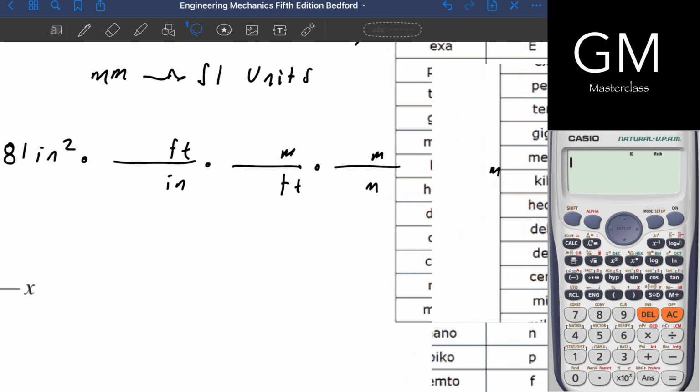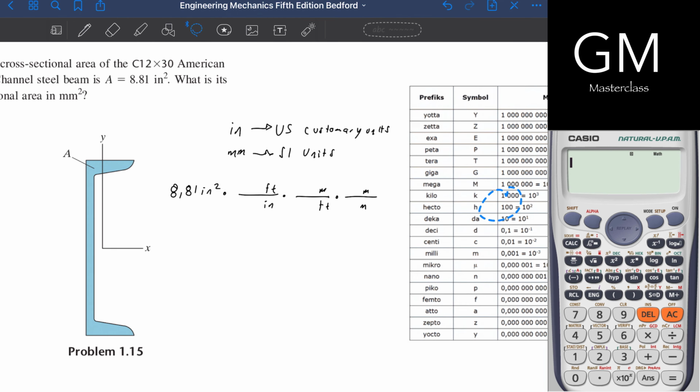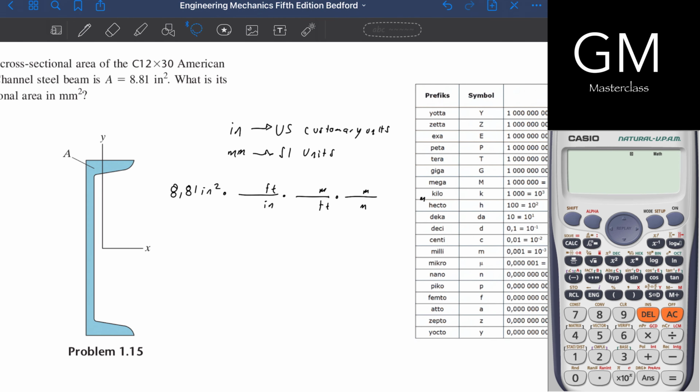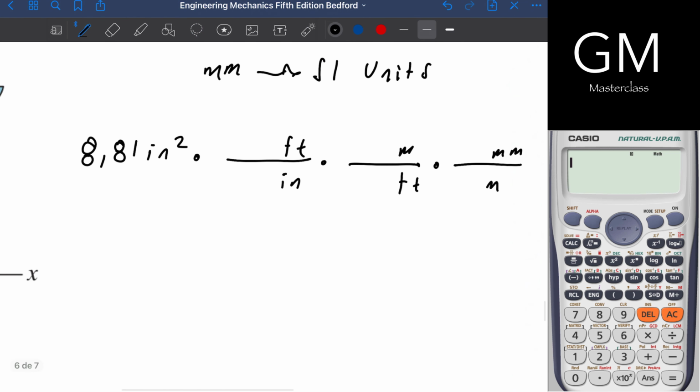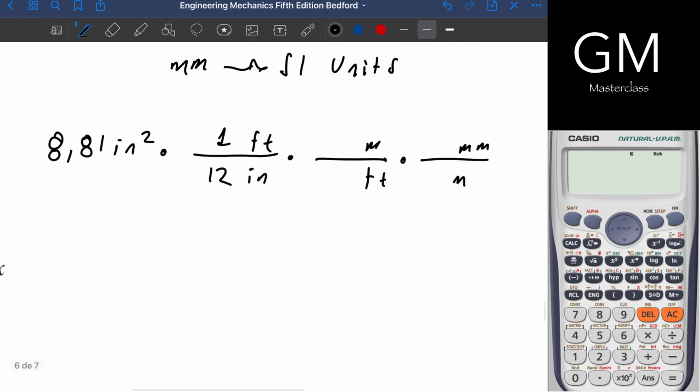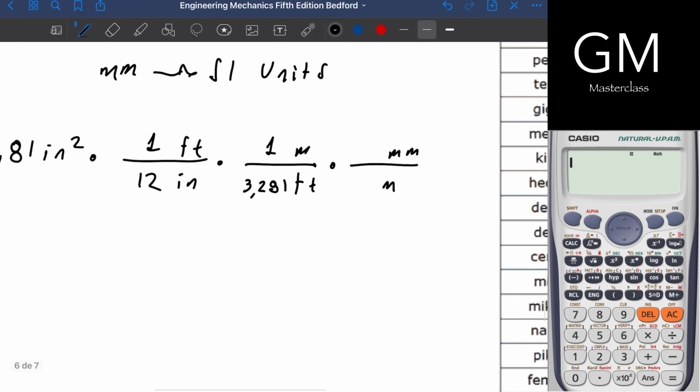So let me move this here. I'm going to erase this here, millimeters. So I know that 1 foot is equal to 12 inches. I know that 1 meter is equal to 3.281 feet.